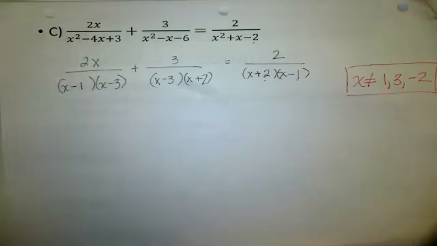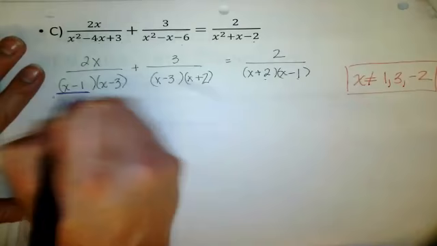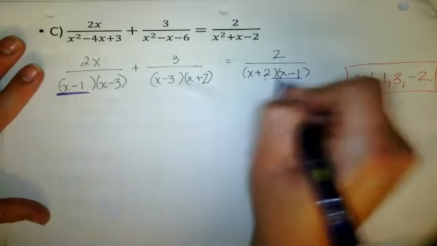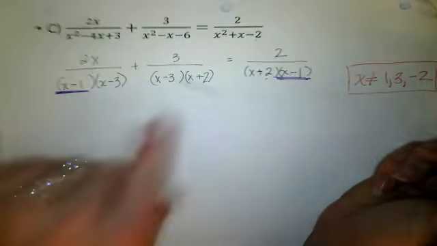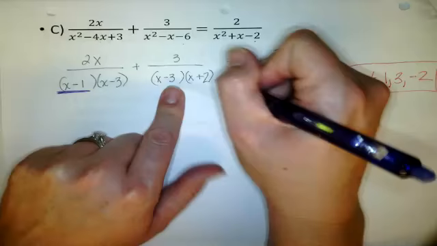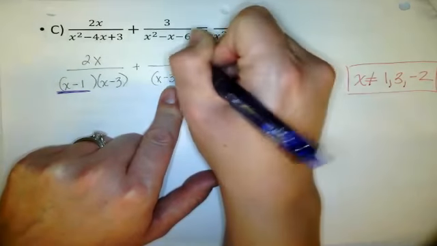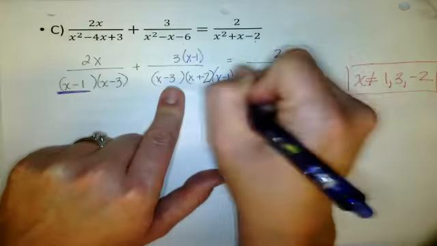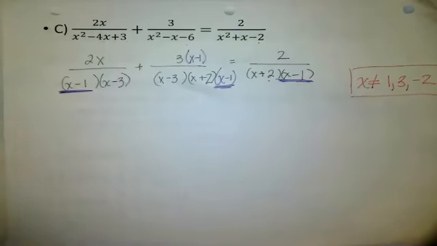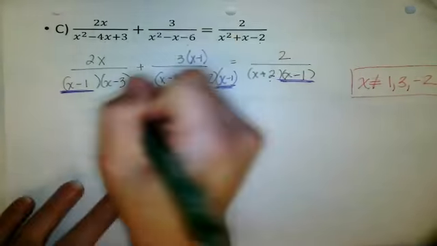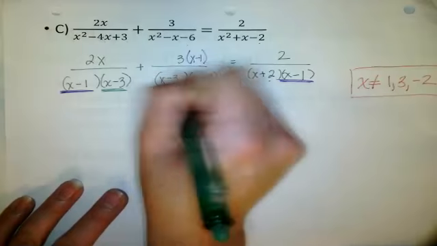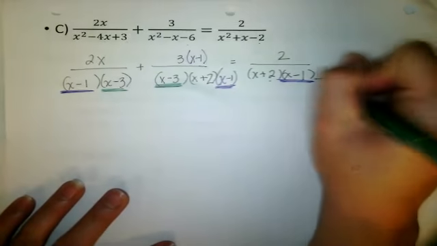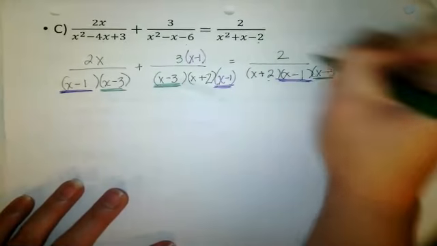All right, let's see. When I look for things in common, I see I have an x minus 1 and an x minus 1, which means my second fraction here also needs an x minus 1 on top and bottom. I see I have an x minus 3 and an x minus 3, which means I need another x minus 3 way over here.